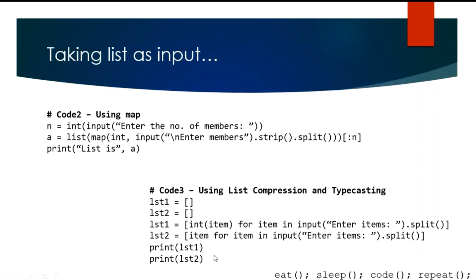Similarly for the second list, for item in input, enter the elements and split. Try these codes, input the elements, and you will find it very easy. But the most preferable is map, because it is a single line thing. No problem. So this is how we take the input if you want to create a list.